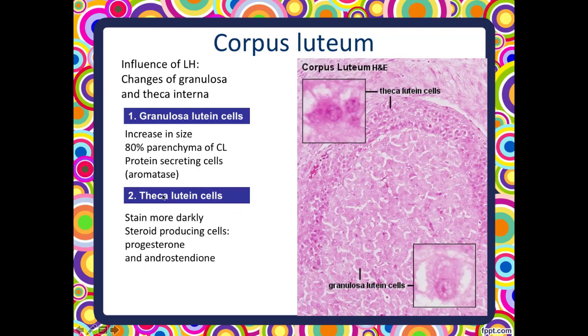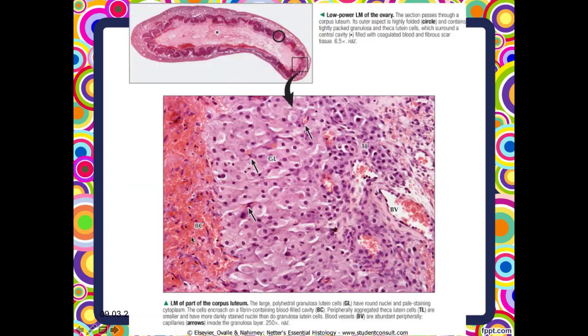On the other hand, theca lutein cells are typical steroid producing cells because they produce androstenedione still, but now they produce also the estrogen, progesterone. So this is the detail.